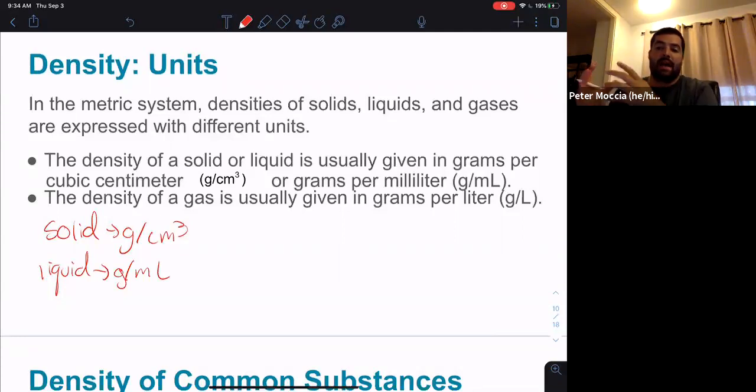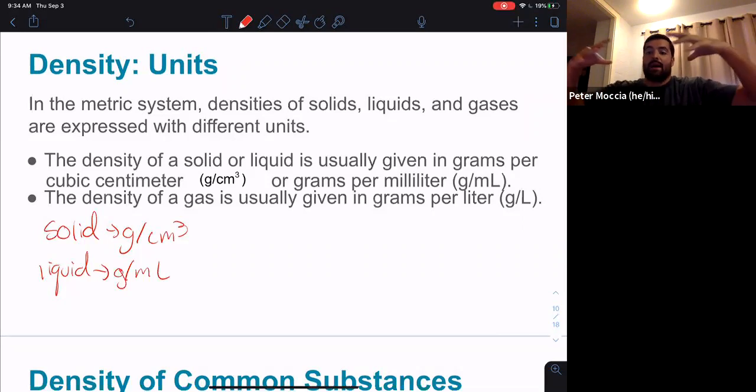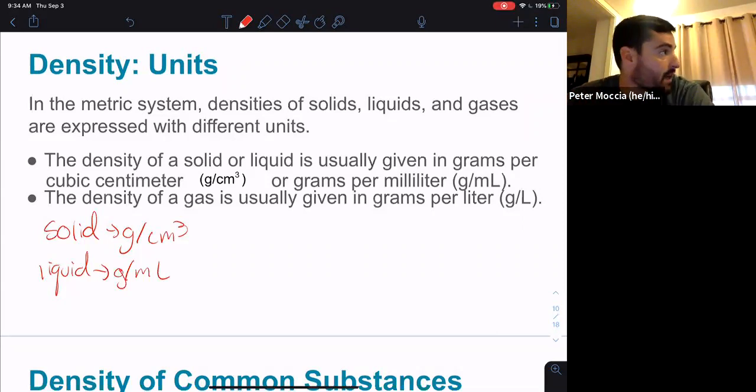The reason for that, instead of grams per milliliter, is because gases occupy whatever container they're in. And so typically gases will occupy larger containers. For example, we might talk about the volume of this room, and we can't use milliliters for that because that would be a lot of milliliters. All right.